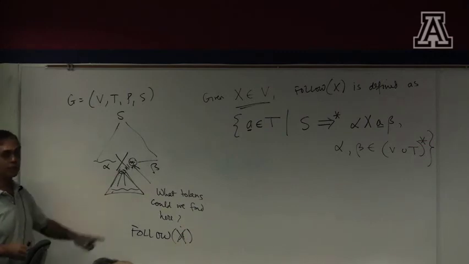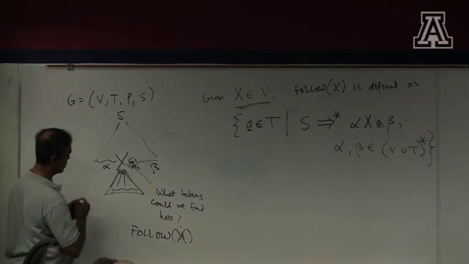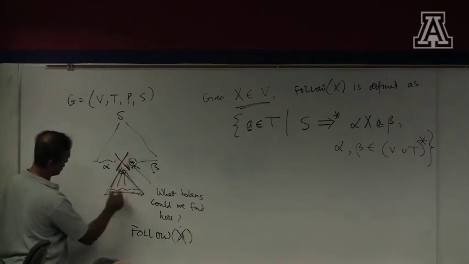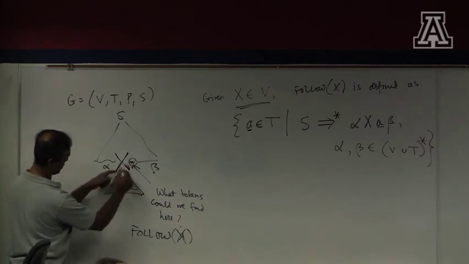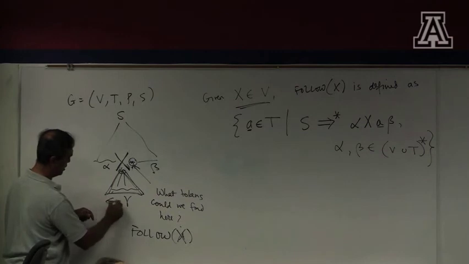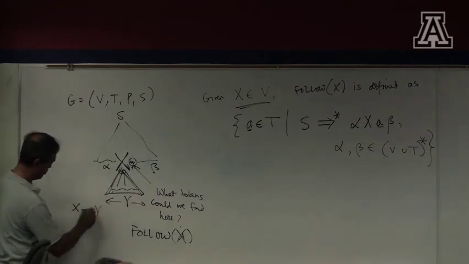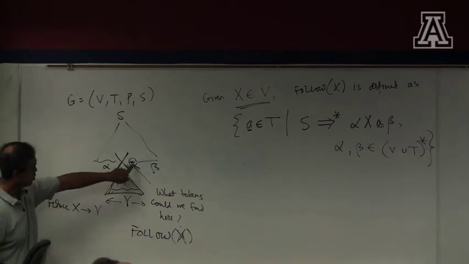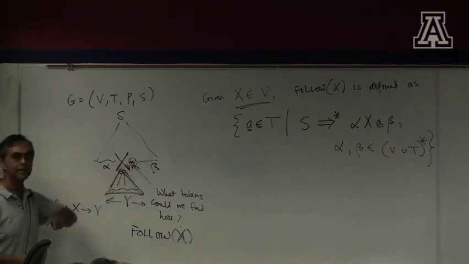And in order to figure out when to reduce, what we're trying to do here is to figure out if I'm about to reduce with some production x goes to gamma. And the question is, what stuff could show up to the right of x?